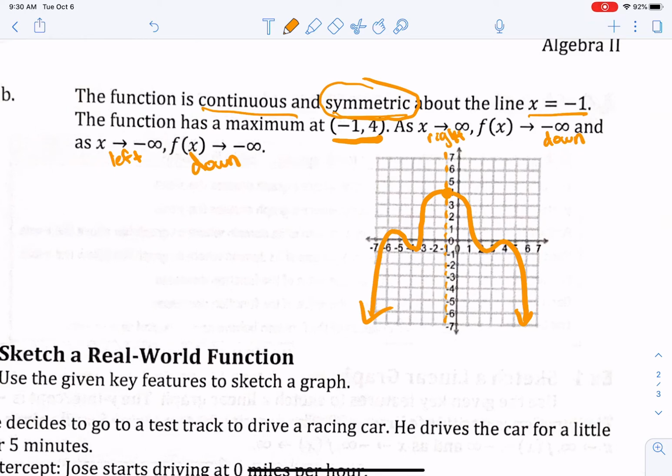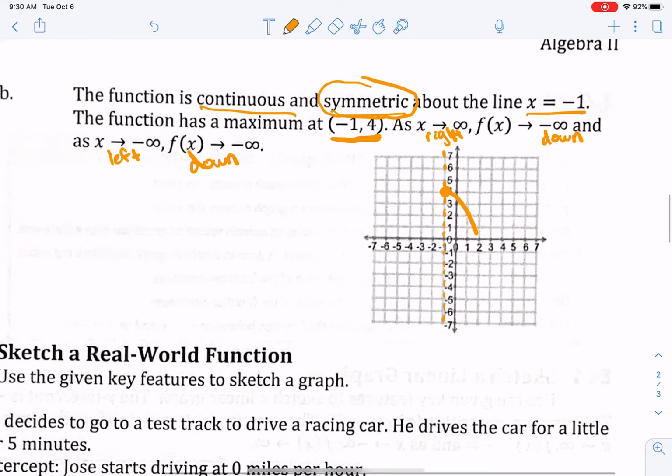But probably the easiest thing to do would just be to make it look like a parabola and go down on both sides. You probably are getting frustrated with me always erasing. That's okay. So I'm going to make it look like that. That's the easiest, most simplified graph that contains everything, without any extra humps or bumps or anything like that. That's consistent with all of my information. And there we have it.